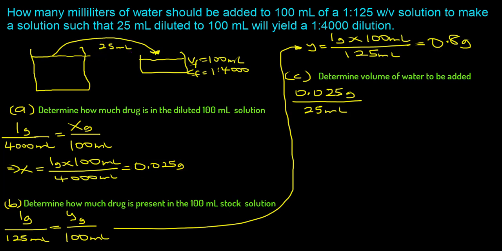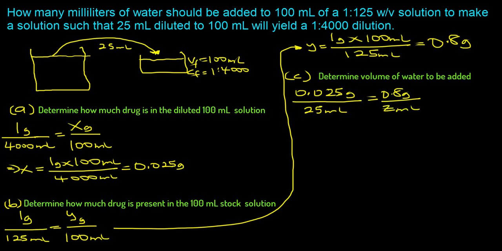So we'll set up this ratio, and now we'll transform this into a proportion to determine that if we actually have 0.8 grams, which is the value we determined in step B, then what would be the total volume of that mixture?